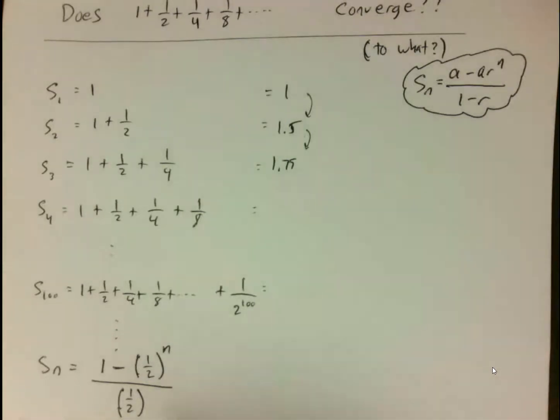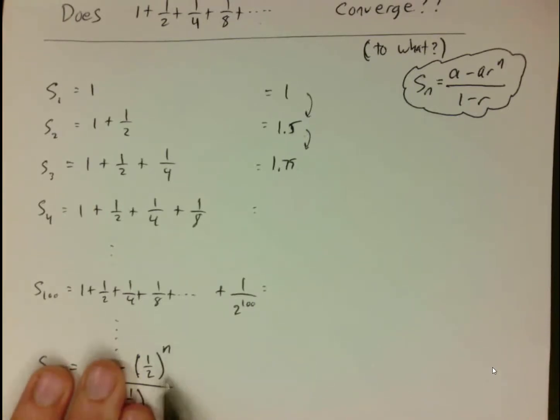So the question is, as n gets really large, what's happening to this equation? You'll notice that this isn't changing and that's not changing as n gets larger. It's only this part that is. So what is this part approaching as n gets really large?